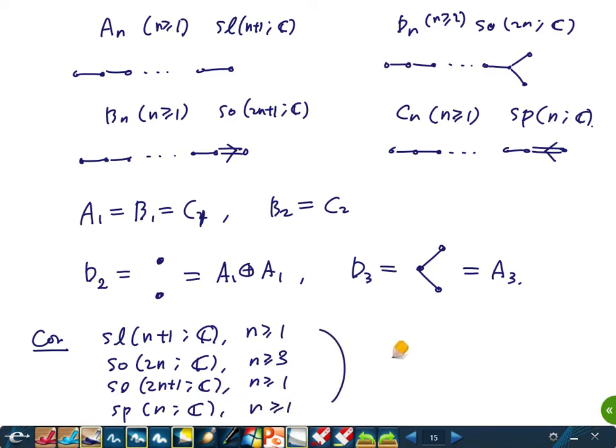These all, they are all irreducible. Or simple, we say simple. Because a semi-simple Lie algebra is simple if and only if its root system has connected Dynkin diagram. So they have connected Dynkin diagram, so they are simple.